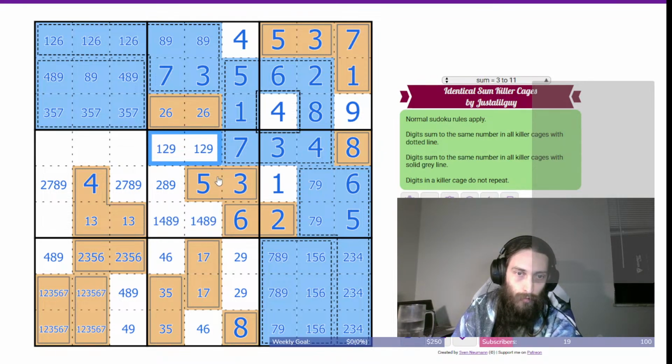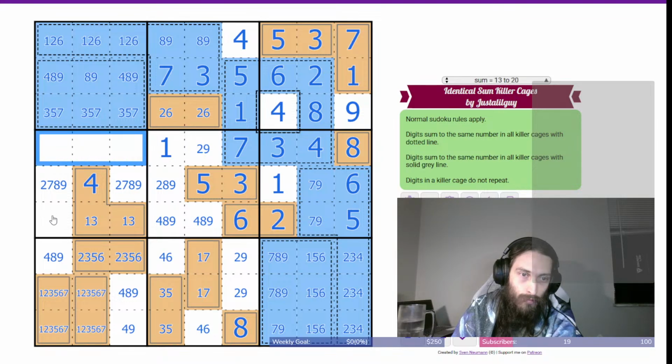These two are 2. These two are 4, 8. 7 takes one set of rows. 1, 3 takes one there, so that places them here. And 7, 3, 4, and 8. 1, 3, 4, 2, 6, 5.